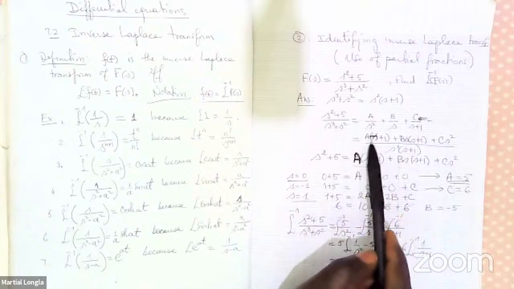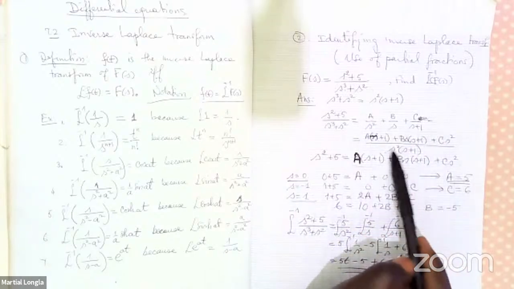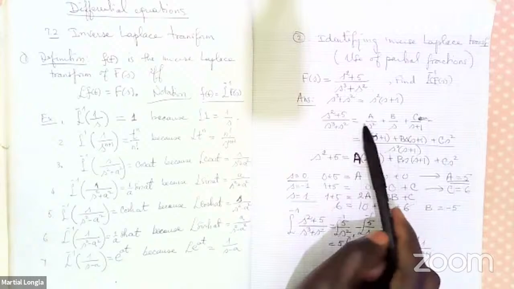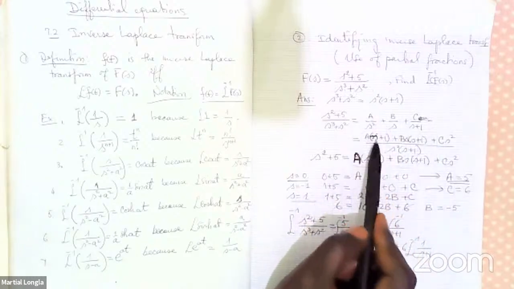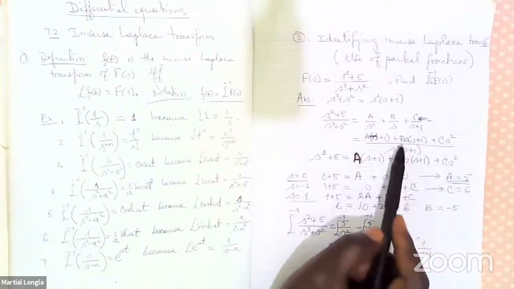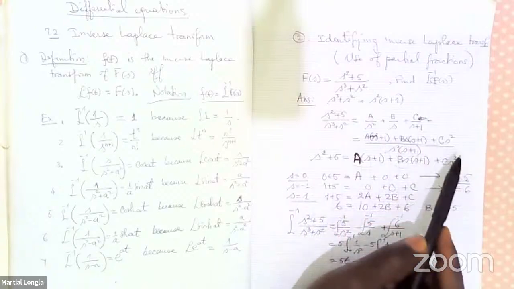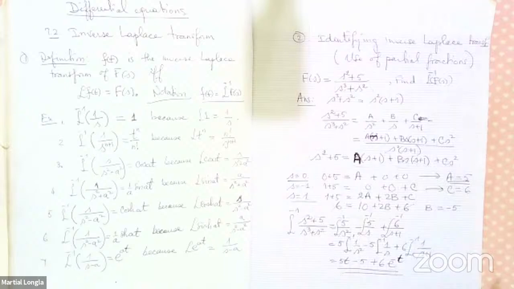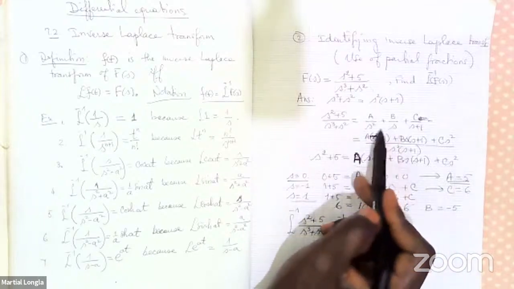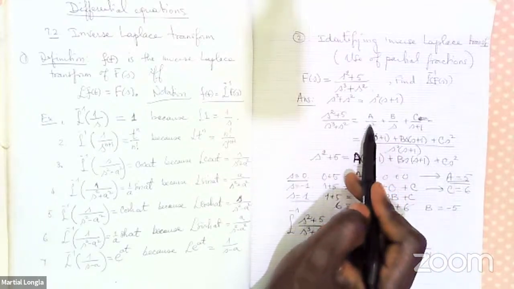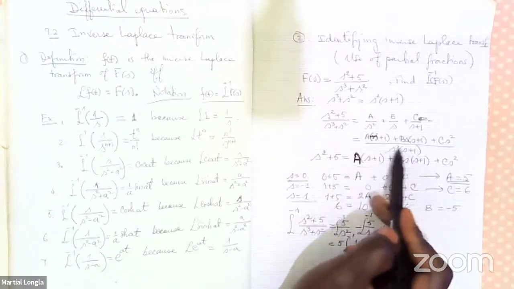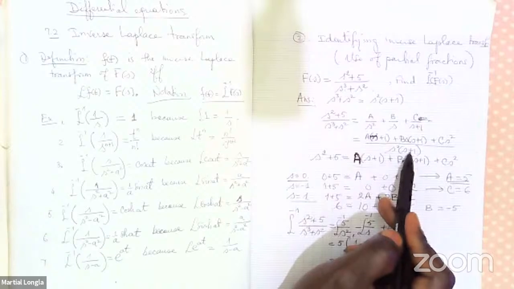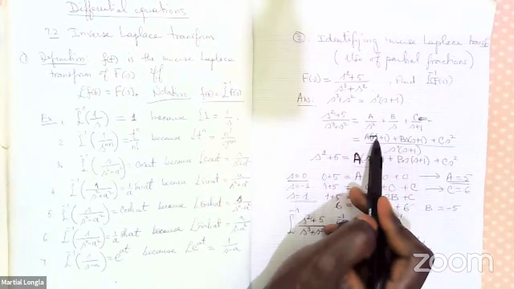After that, you need to find the common denominator, which is S squared times S plus 1, and add the three fractions. When you add them, you get A times S plus 1, and the B times S plus 1. Why is that? Because how do you add fractions? You take the denominator of this fraction, you divide this one by it, you get S plus 1. That's why you're multiplying this by S plus 1.